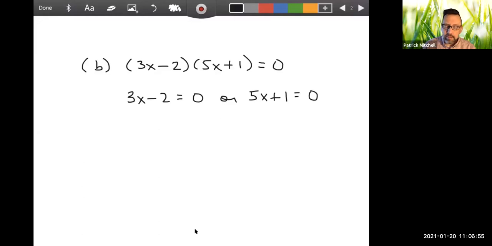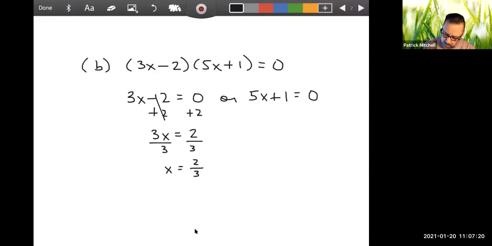If 3x minus 2 is 0, see, this is why I have you review linear equations, then 3x is 2. And if 3x is 2, that means x has to be 2/3. So at least one of the solutions to this equation is a fraction. And in fact, I think they both are.